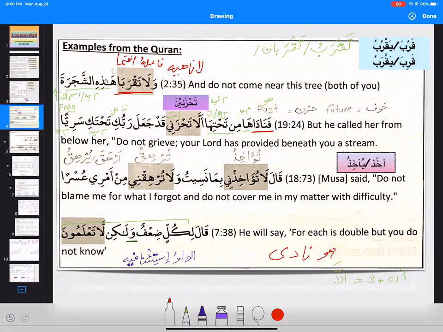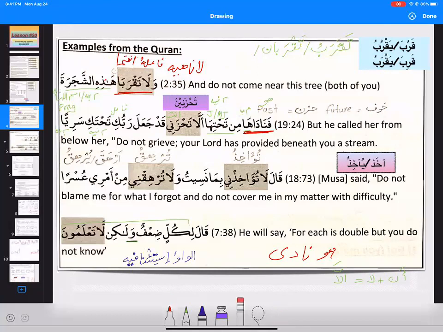So fanadaha, because this attached pronoun got attached to it, that's why it looked like that. And this alif I mentioned many times, it tells us that this is a fail. So after fail, you will see alif, and that is the indication that this is the fail, to differentiate between other harf and isms.